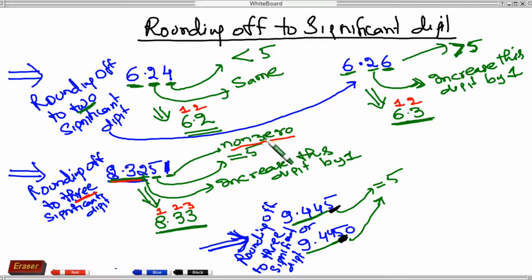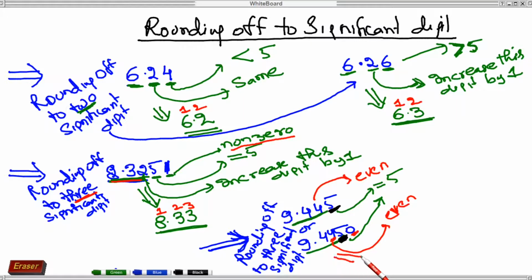But the earlier rule was for non-zero. Here you can see there is nothing, and here we are having a 0. And the previous digit, this one, is even. If this digit is even, in such case it will be left unchanged.